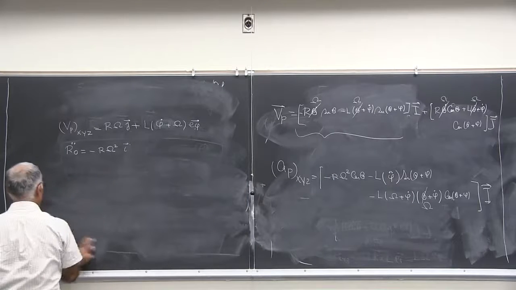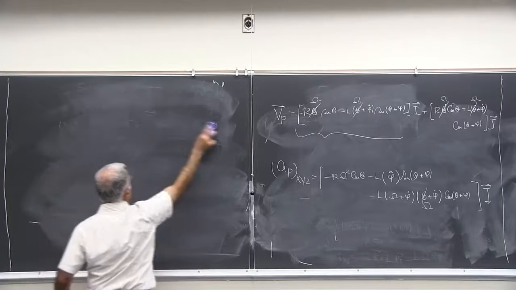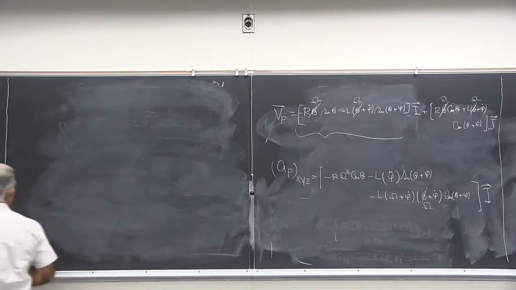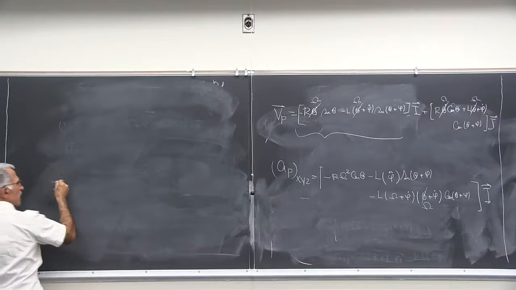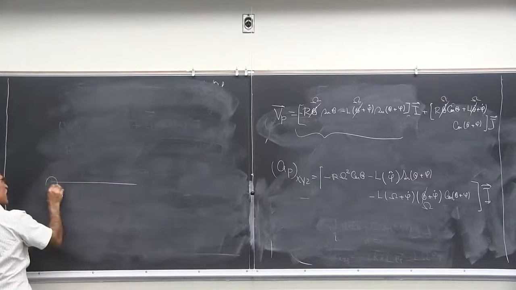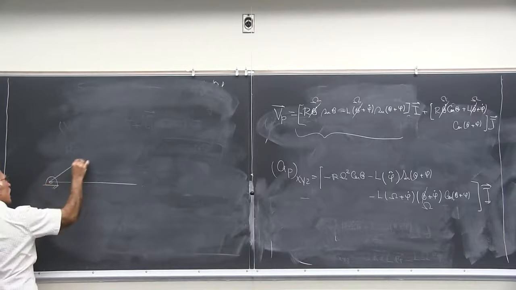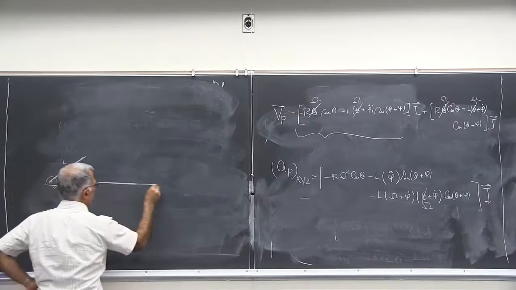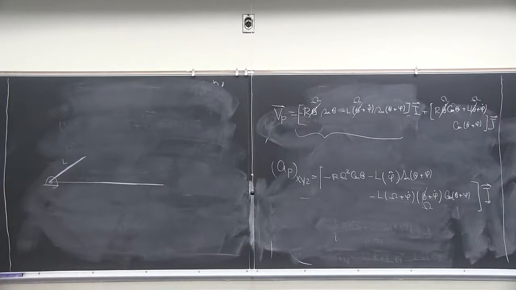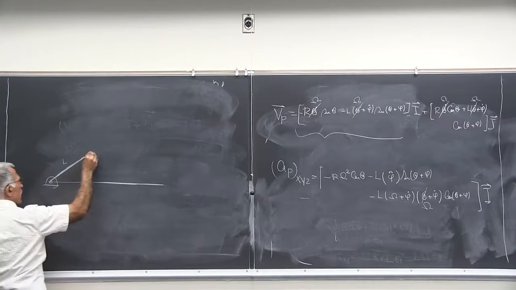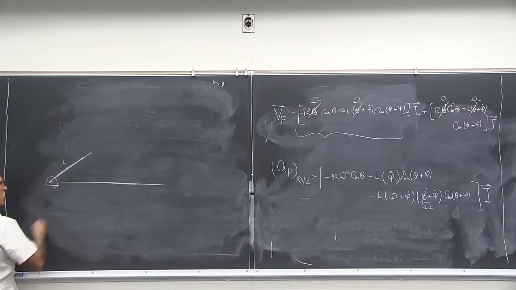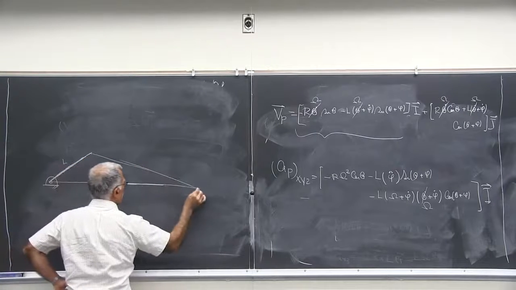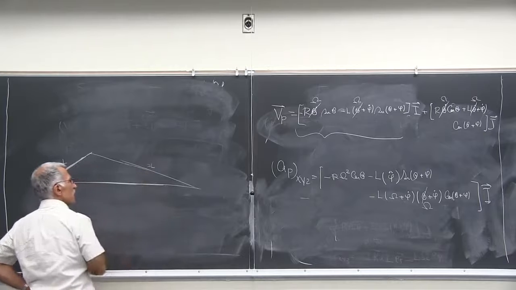So let's give you another simple problem. Let's say that we have some crankshaft here, and the length of this one is L. And then let's say that we have 2L here.